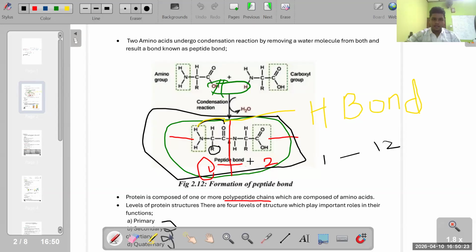Can you see here, is there any carboxyl group here now? No. Why? Because during the condensation reaction, the OH group of the carboxyl group was removed. If an OH group is removed, is it now a carboxyl group?